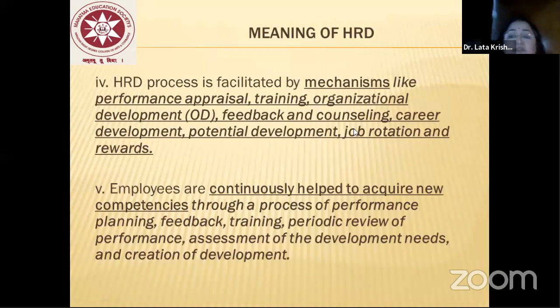Job rotation and rewards are very important to reduce monotony. And when you give rewards to employees for the work they do, they are motivated and they work very happily. So employees are continuously helped to acquire new competencies.